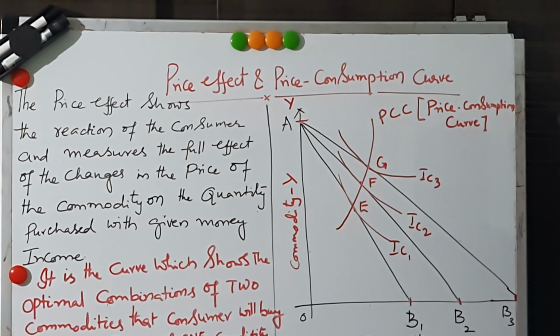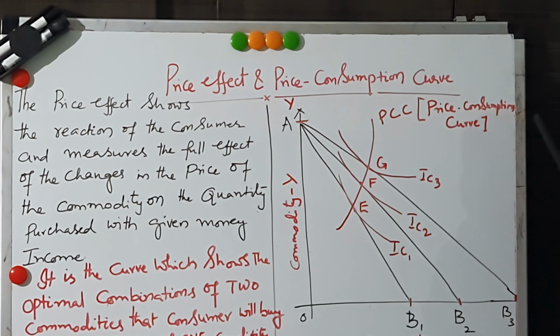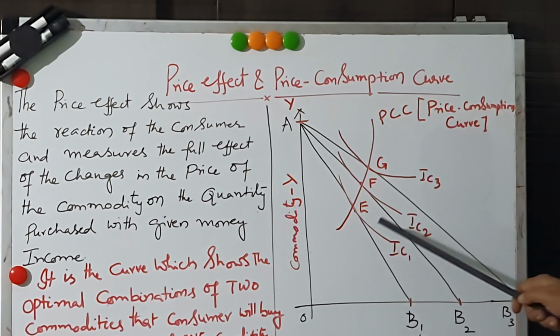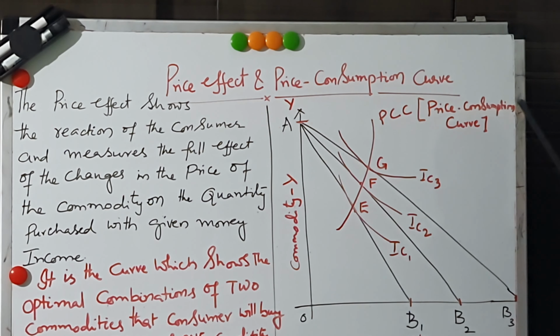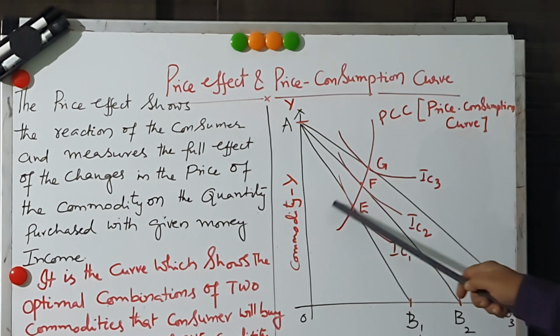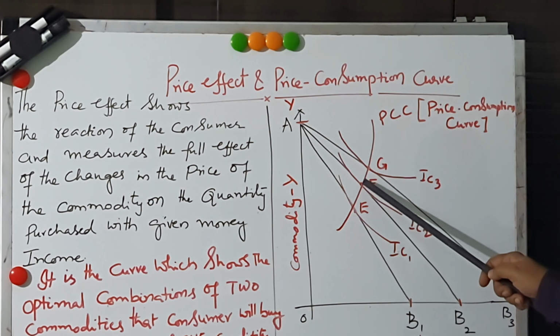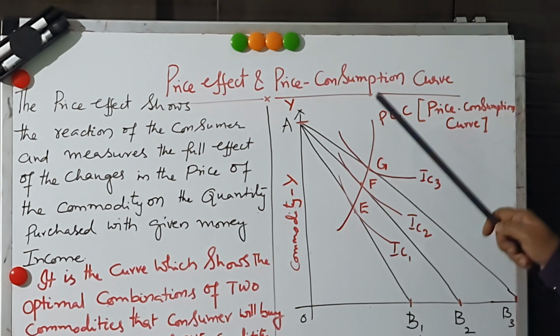What is the price consumption curve? The PCC is the curve made by joining the equilibrium positions E, F, G, the equilibrium positions of the consumer at different price levels. There are different price levels, P1, P2, P3, like that.